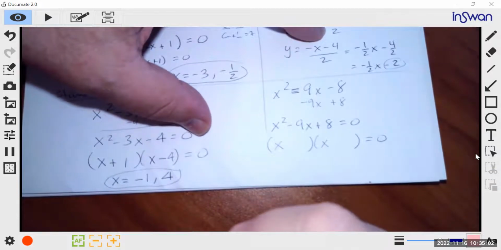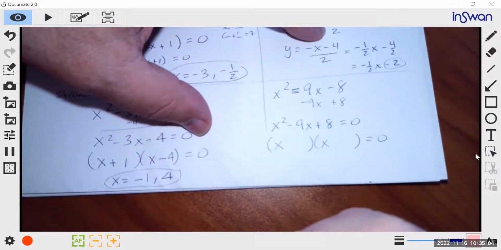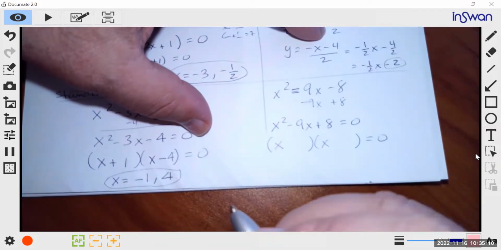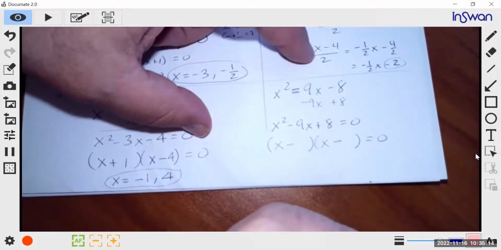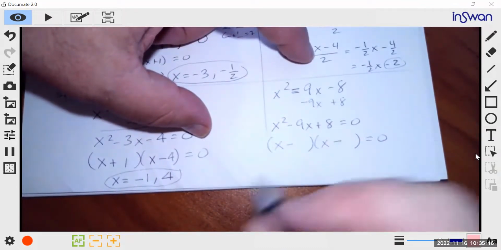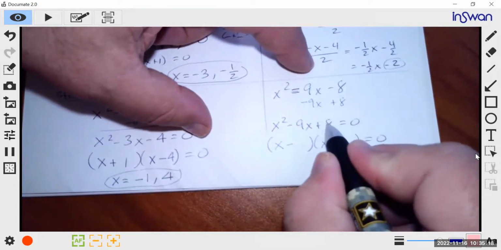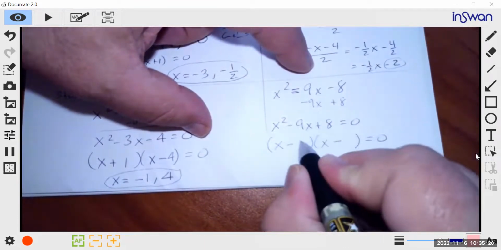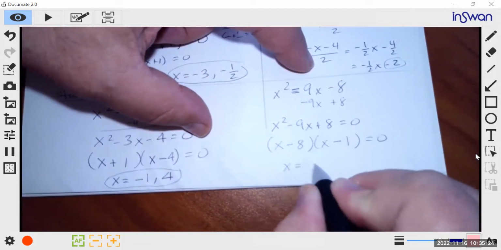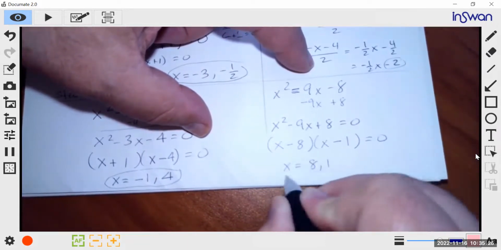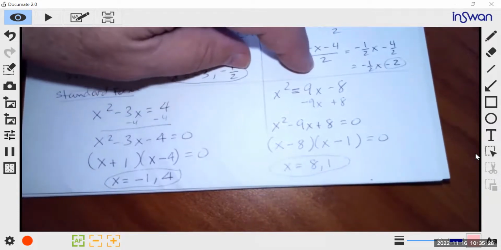What signs are in there? They're both the same. They're both negative. What times what is 8? When you add them, you get 9. So your answers are 8 and 1.